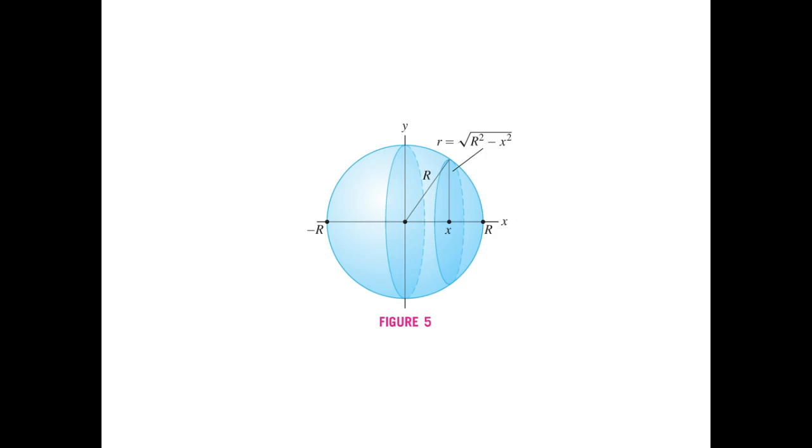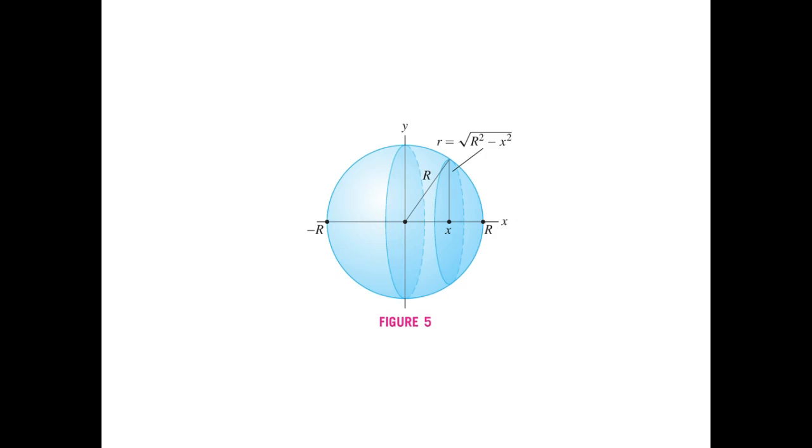Well, the first thing to do is determine where is the best placement for your coordinate system, okay? And as you see here, and I think you would as you think about it, putting the center of that sphere to be the origin would be the best choice. Now this is 3-dimensional because this is a sphere.